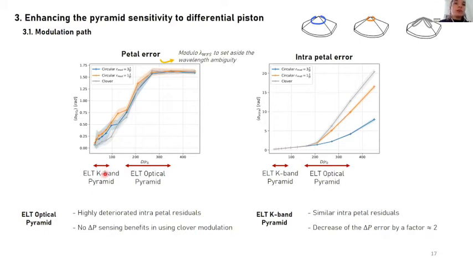But the clover, however, could be interesting if we look at using a K-band pyramid. For instance, we have an improvement here of a factor 2 in the petal sensing using that kind of modulation, in this simulation.